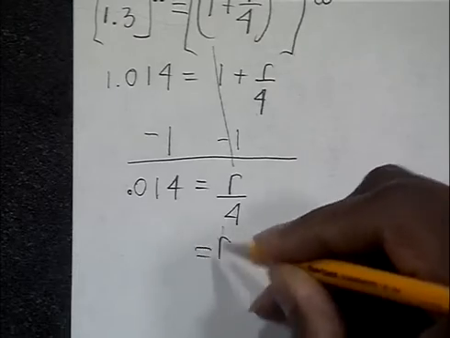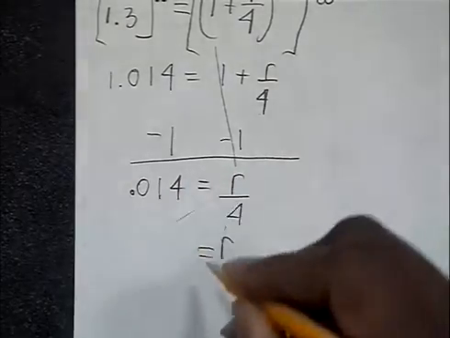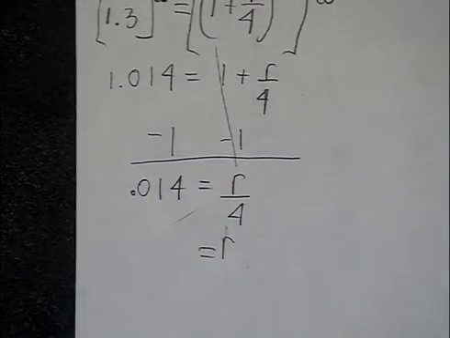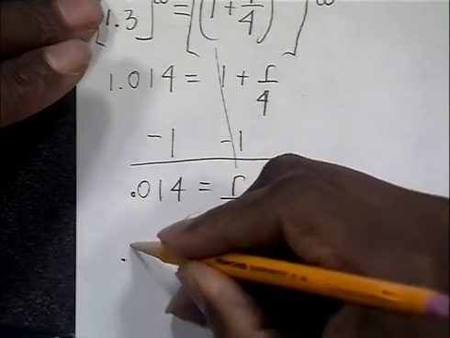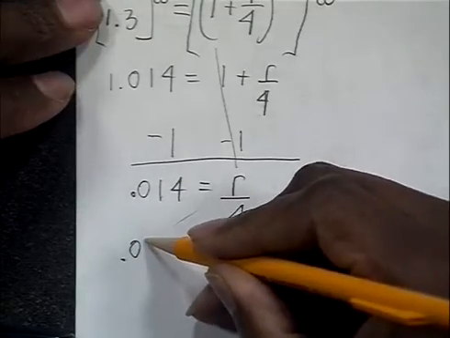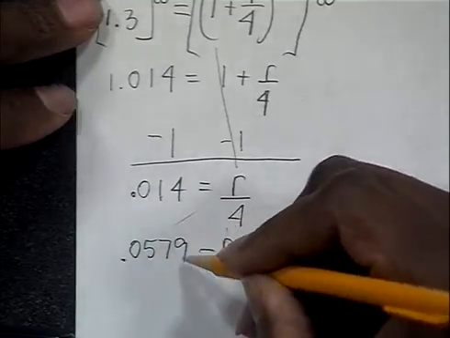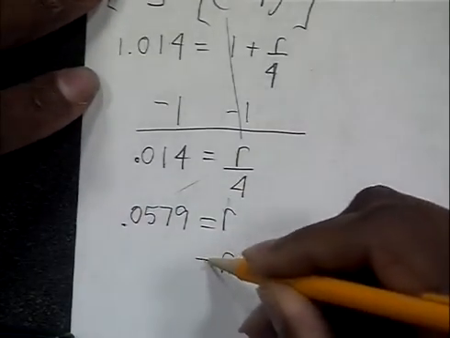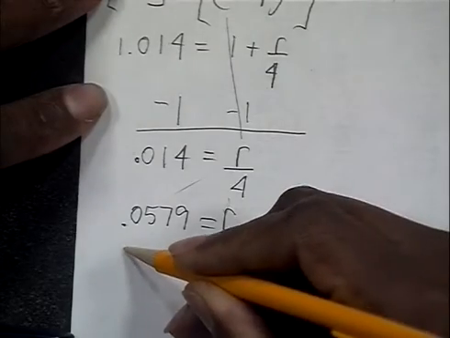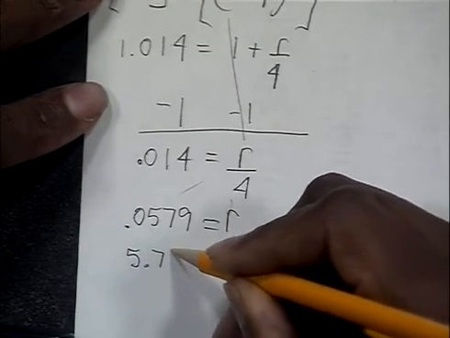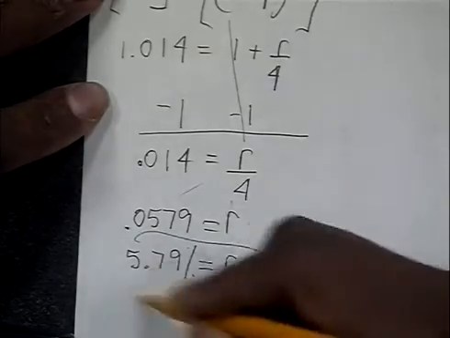You're going to get r is equal to, you're going to multiply by 4, and you end up with 0.0579. And that r is the same thing as 5.79%.